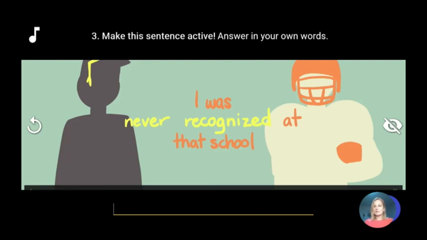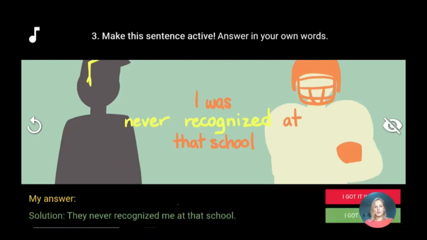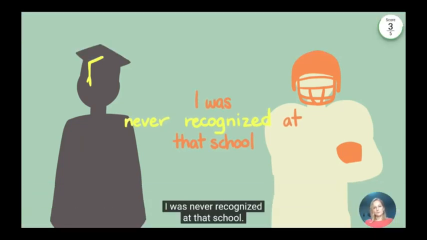We can guess that it is they or teachers. You can start your sentence with teachers or they and then make an active sentence in past simple. Let's check. They never recognized me at that school.